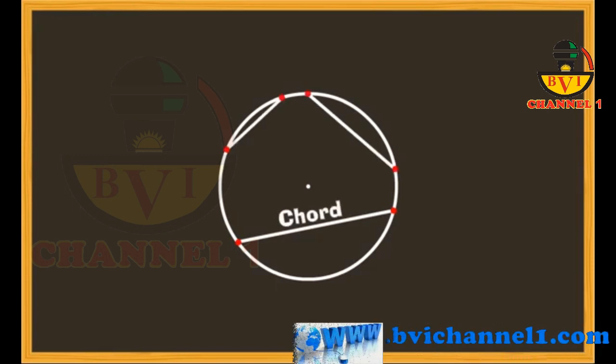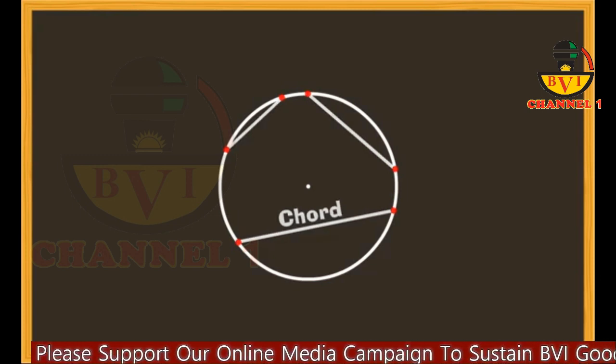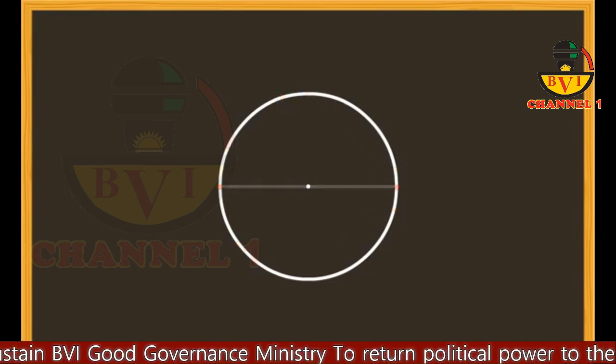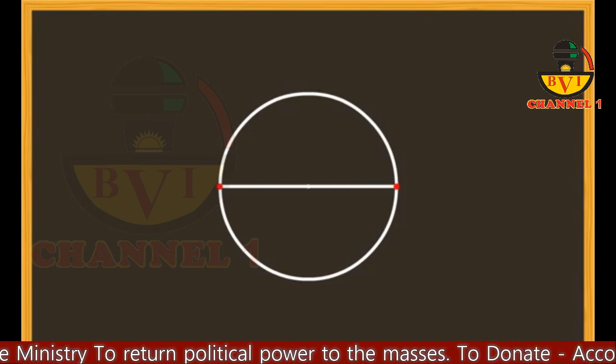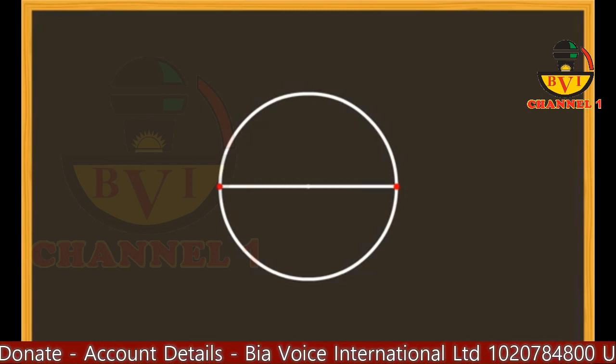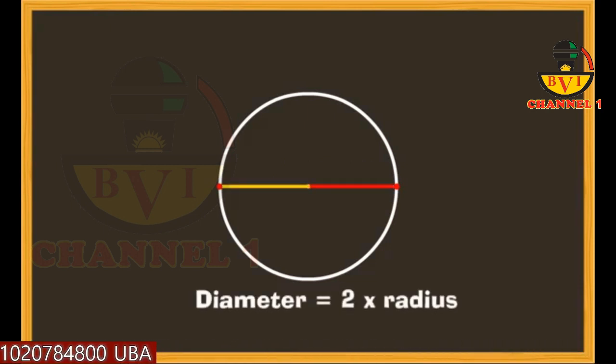As you can see, a chord can have many different lengths. Can you guess which is the longest chord? It is the one which passes through the center. A chord which passes through the center of the circle is called a diameter. Or we can say that the diameter is two radii put together.